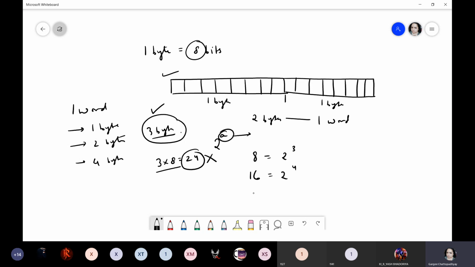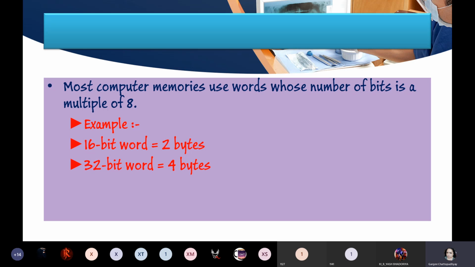Then you can also double this: 16 plus 16, that is 32 bits, which is again a power of 2. So it should be a power of 2 and a multiple of 8. Got it? That is how word works.